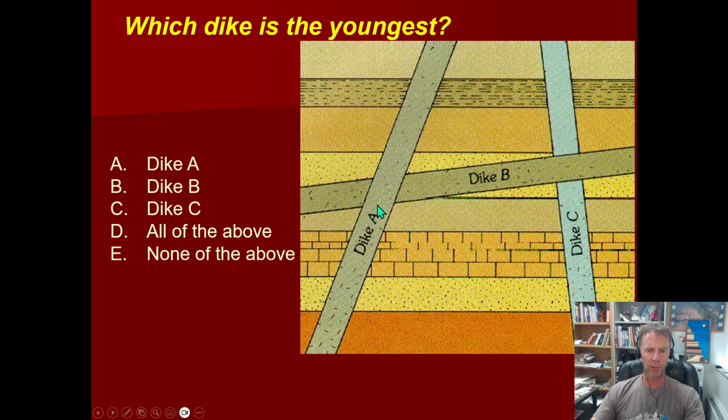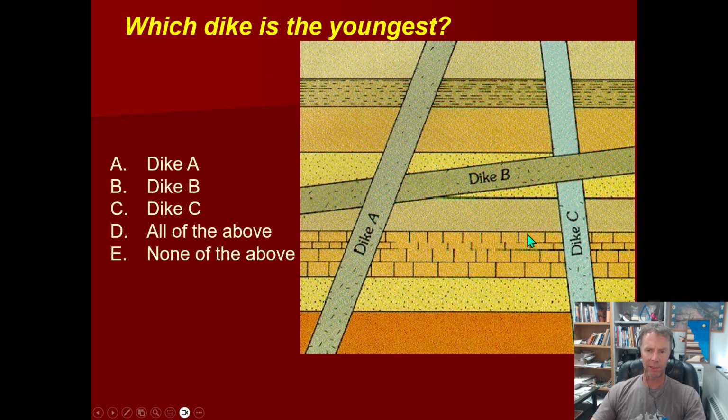So we might observe, for example, that dike A cuts across dike B, therefore it has to be younger than dike B. We might also look at dike B and dike C and see that dike B cuts across dike C, therefore dike B would be younger than C. Now dike A and dike C don't cut each other. They don't share space, at least in this diagram. But because dike B is a feature that's common to both, we actually can infer the full sequence, the full history here, and answer this question.